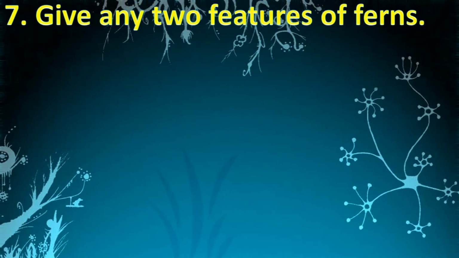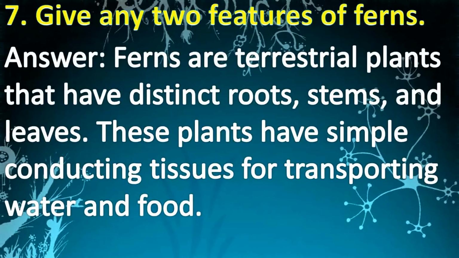Give any two features of ferns. Answer: ferns are terrestrial plants that have distinct roots, stems, and leaves. These plants have simple conducting tissues for transporting water and food. Next question.